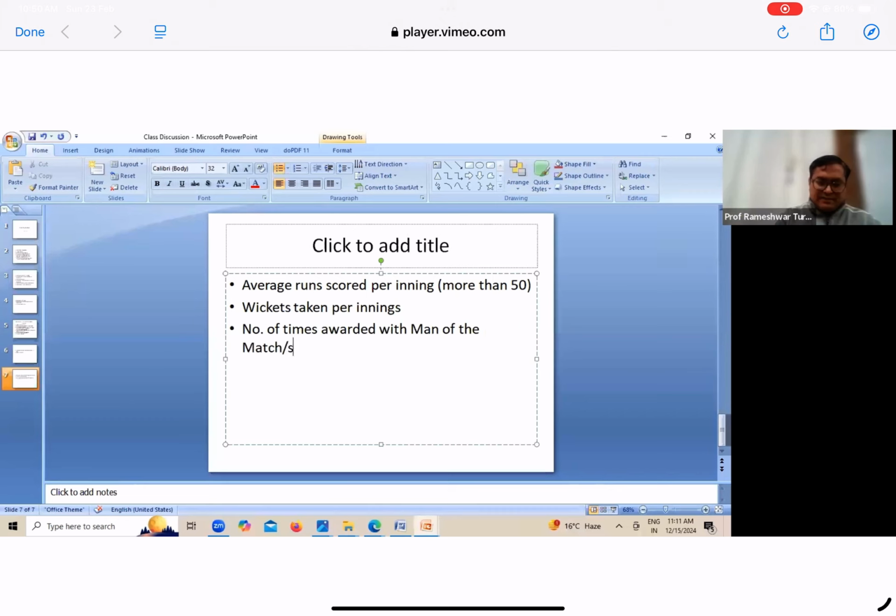And in case of a bowler, it may be the number of runs allowed per over.